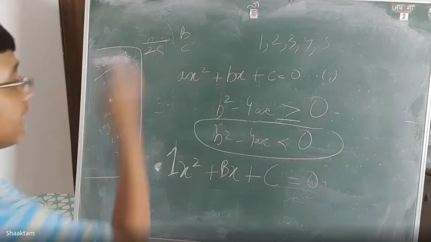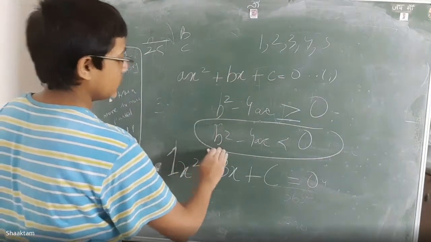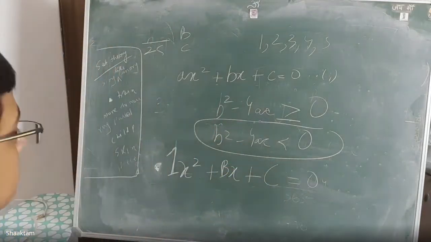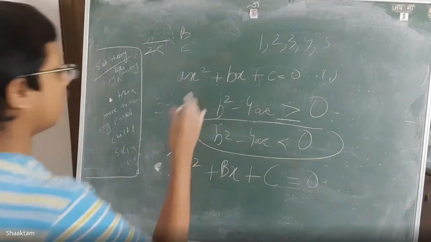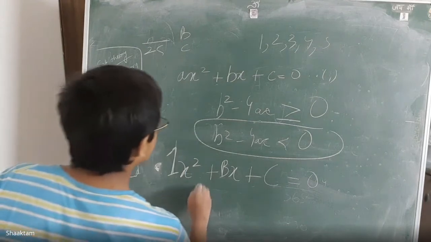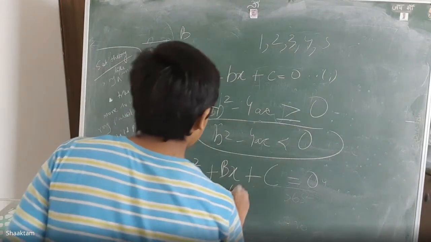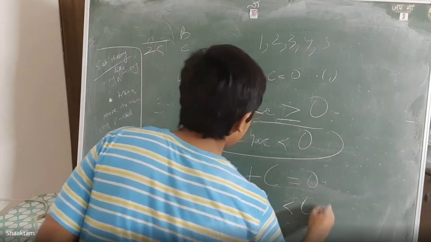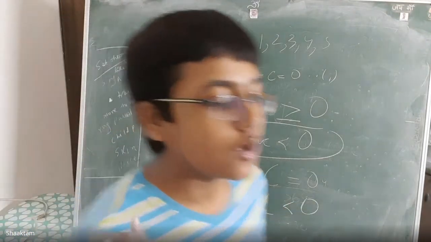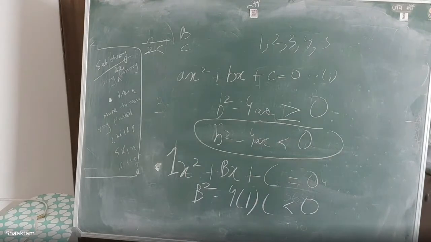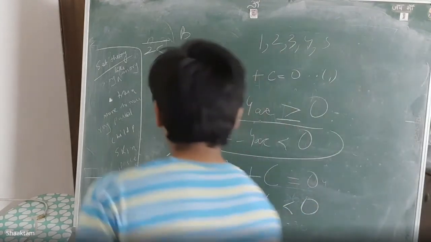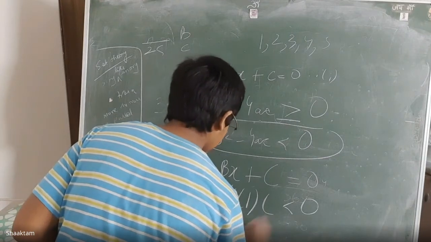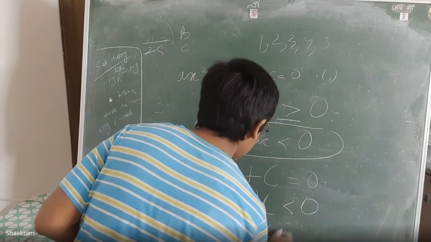Now, for ax square plus bx plus c equal to 0, b square minus 4ac has to be negative for non-real roots. Similarly, in this one, B square minus 4 into 1 into C has to be negative to comply with the question, which can also be written as B square minus 4C has to be negative.